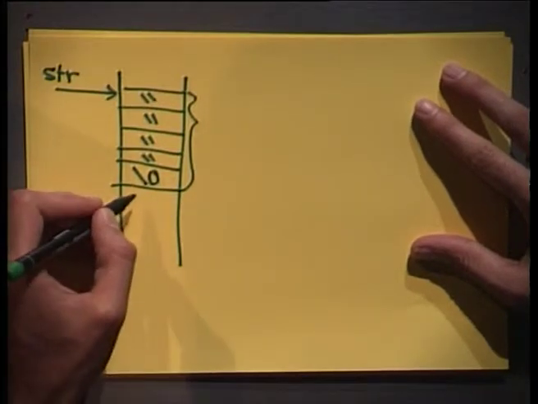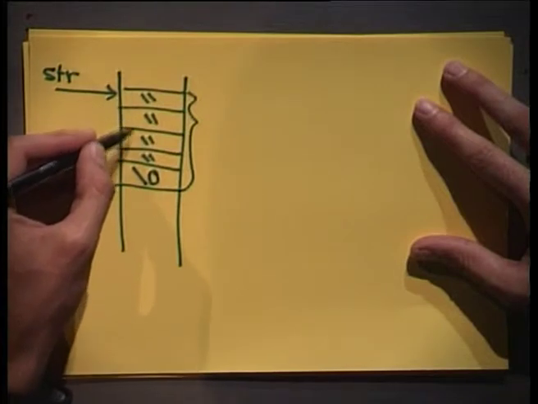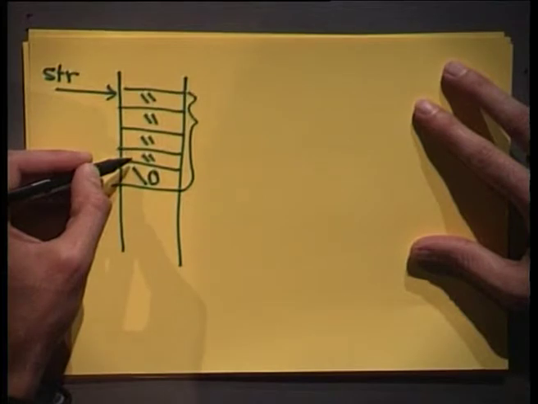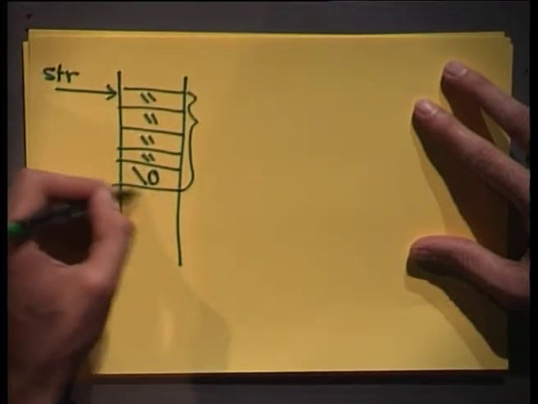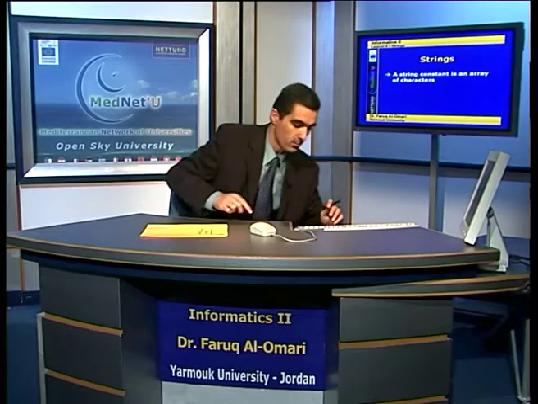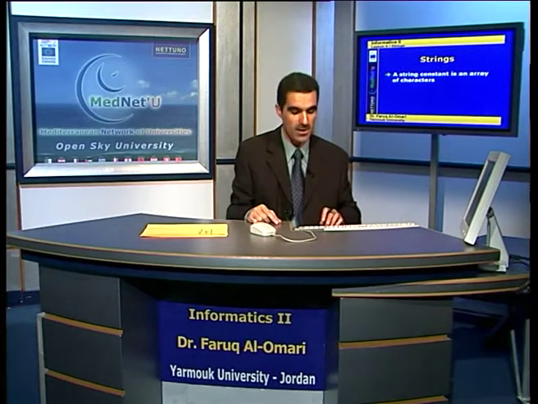So the ASCII 0. This is basically a string of 1, 2, 3, 4 characters that you enter, but the actual size of it is 5 characters, if we take into account this null character. That's basically what strings are, and we have seen them before.